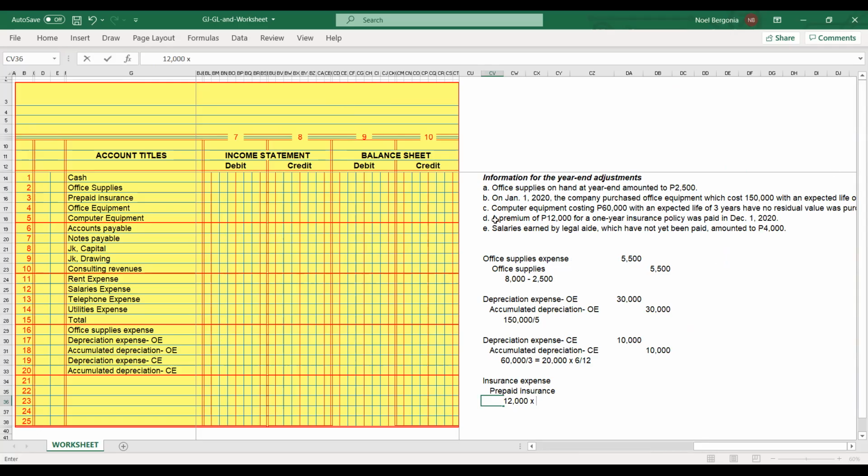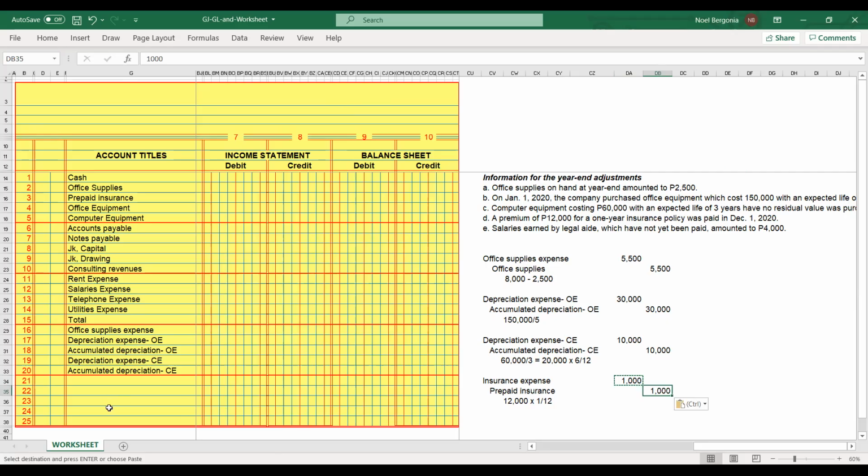So December and then December 31 lang naman ang cut-off natin. So times 1/12. So magkano yon? The insurance expense expired during the year 2020 was actually only 1,000 pesos. So that's 12,000 times 1/12. Okay? So 1,000, debit insurance expense, credit prepaid insurance.